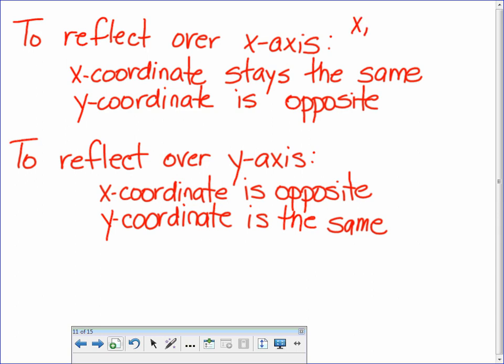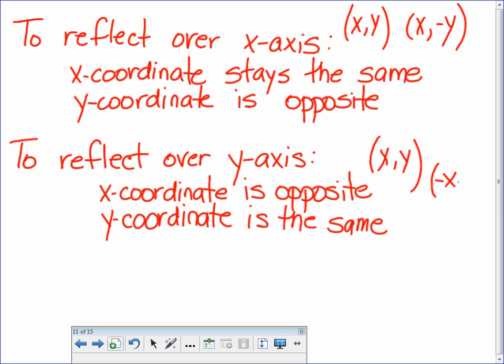So x comma y becomes x comma -y. To reflect over the y-axis, x comma y becomes negative x comma y.